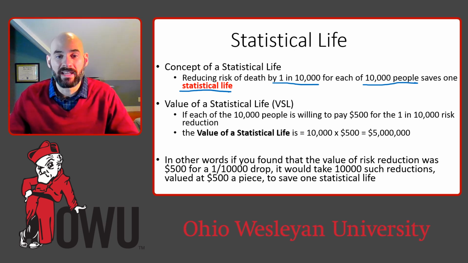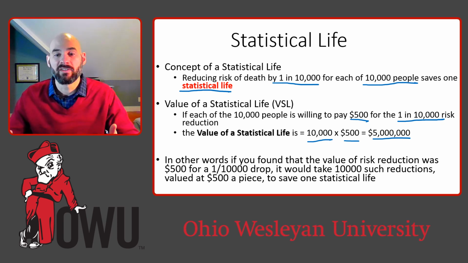For example, if each of those 10,000 people is willing to pay $500 for that per person risk reduction that saves one statistical life, then we multiply that population, 10,000, by 500, and that value that we associate with that one statistical life is going to be $5 million.